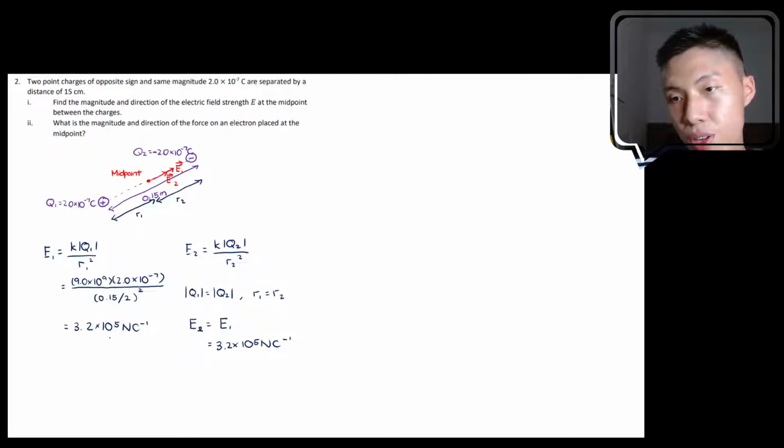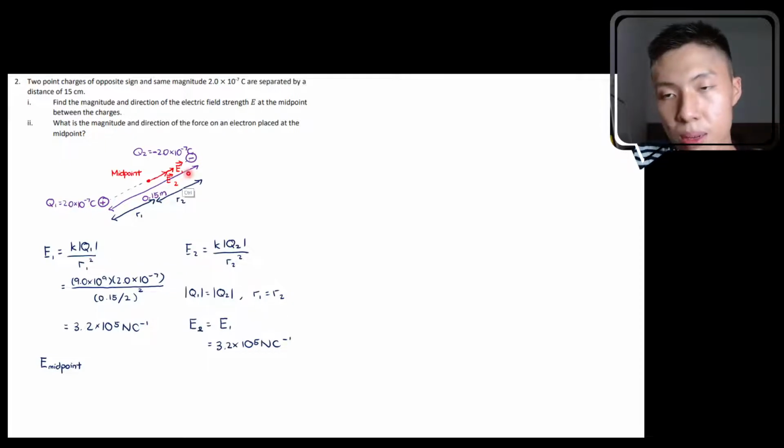Okay, so now you can proceed to find the electric field at the midpoint. Okay, so you can see that at the midpoint, both of the electric fields produced by Q1 and Q2 are pointing in the same direction. Therefore, you can just add them up.